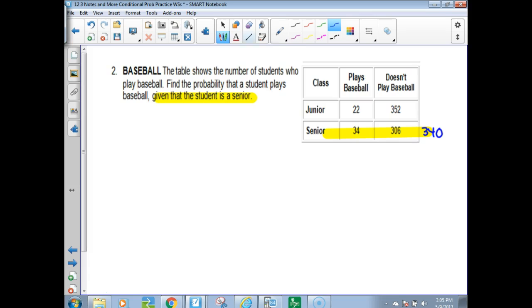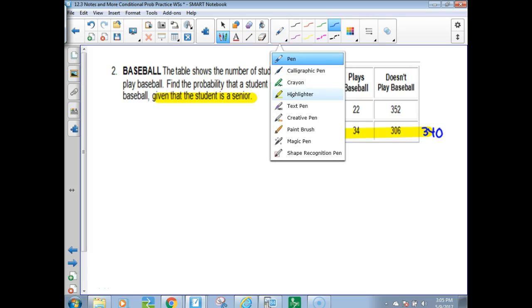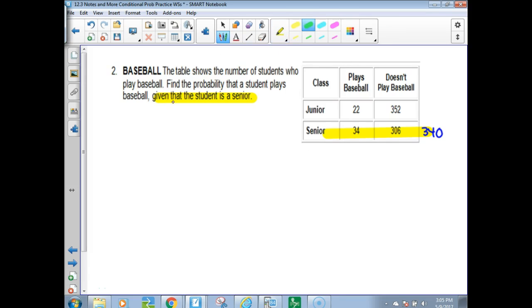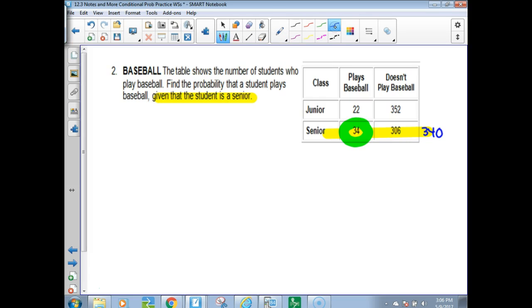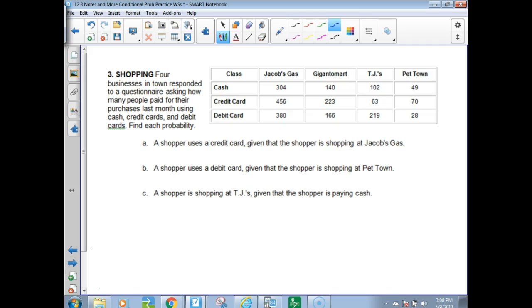Good job. Now, what else? Find the probability that they play baseball. All right, I bet I saw some people already with this answer. 34 out of 340, and they had this reduced to 1 in 10. Okay, good job.